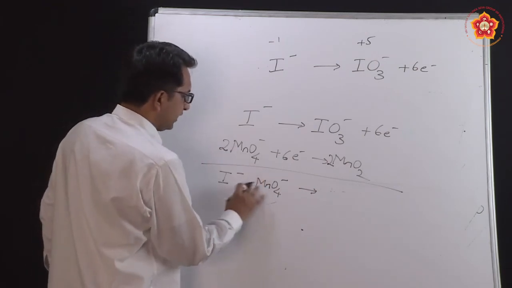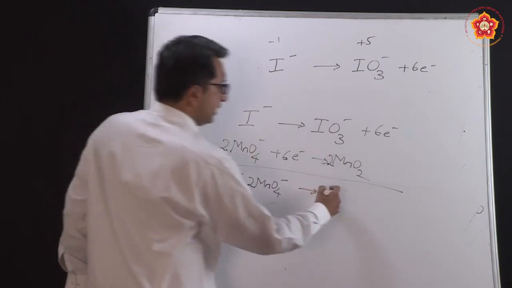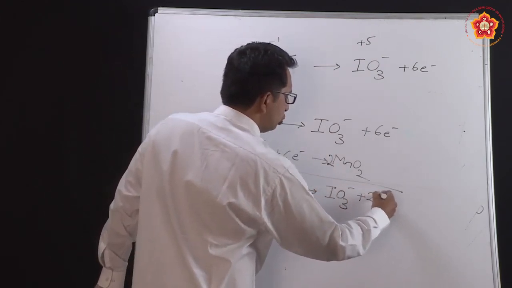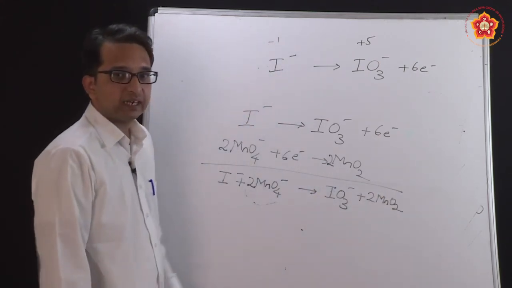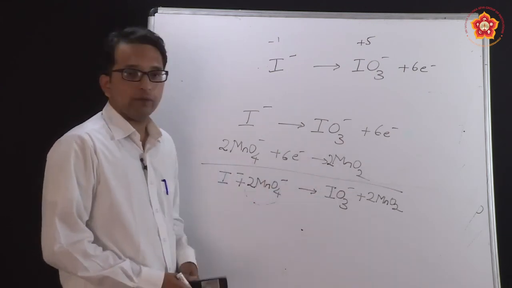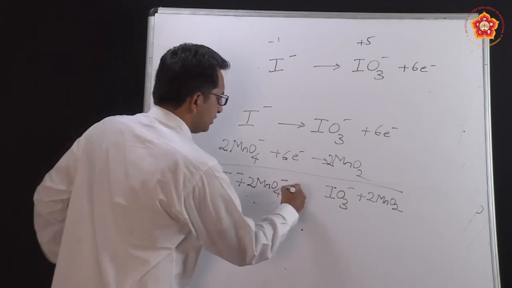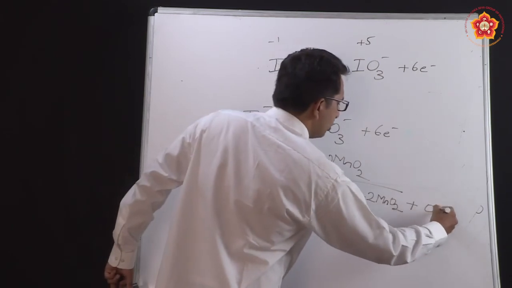So I can take it up now as plus 2 MnO4 minus, whereas on the right hand side I have IO3 minus plus 2 MnO2. So how is the balancing now? We have to take H2O on the left hand side, OH minus on the right hand side. Once we do that, we will get the overall balanced reaction with H2O and OH minus.